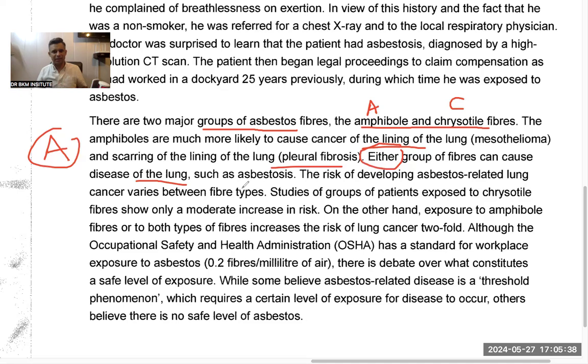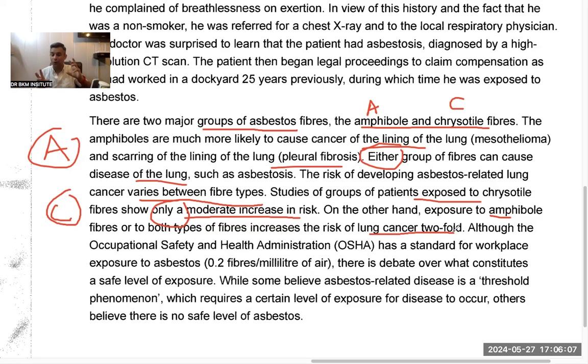The risk of developing lung cancer varies between the fiber types. Studies of groups of patients exposed to C fibers show only a moderate increase in the risk. If you are exposed to C fibers, there would be only a moderate increase, whereas A is more dangerous and C is less dangerous, because the word "only" is given. On the other hand, exposure to A fibers or both types of fiber increases the risk of lung cancer twofold.